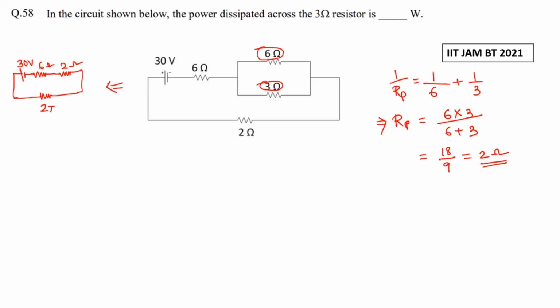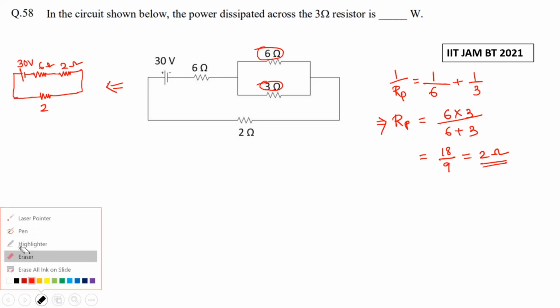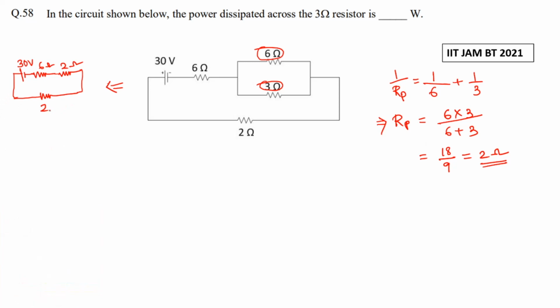So here is the 2 ohm resistor. Sorry, it's not 2 pi, it's 2 ohm. Now for a better approach, we can simply draw this circuit in this way.